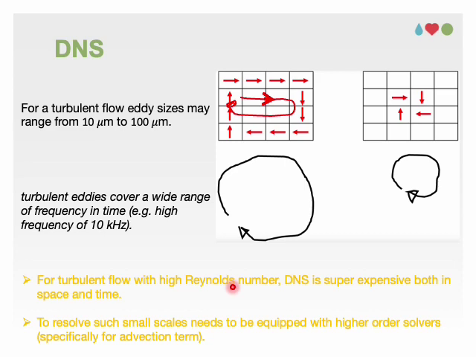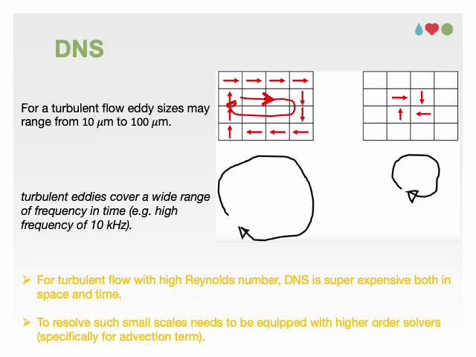Furthermore, eddies in high Reynolds number flow that are extremely fast may have a frequency of around 10 kHz. Resolving such fast eddies in time requires extremely small time steps in the DNS approach.